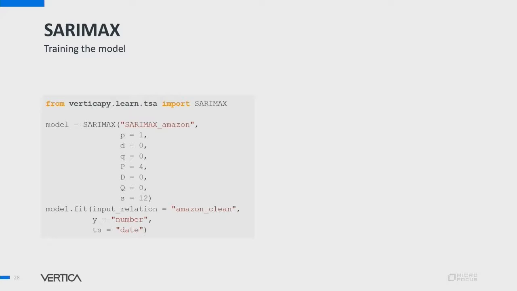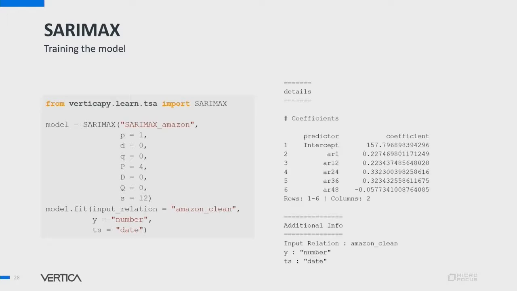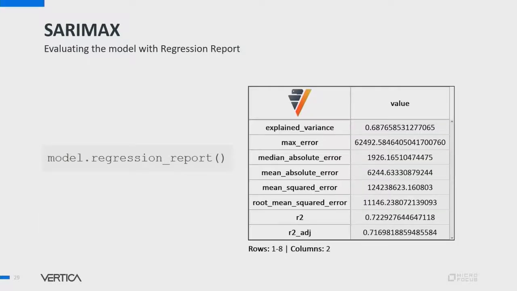Once you do that, you get the output on the right, which is details of the model that has been built. It will tell you the name of the coefficients, the intercept, and the arguments, and some additional information just to make sure that you applied it on the right table and you had the right columns identified for timestamp and the variable. Now, after you do this, you can look at the model.